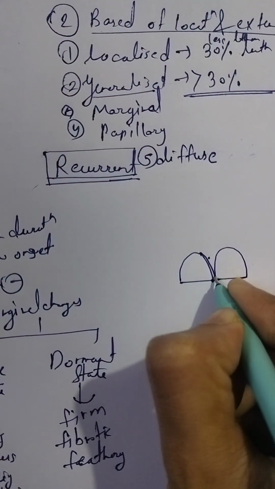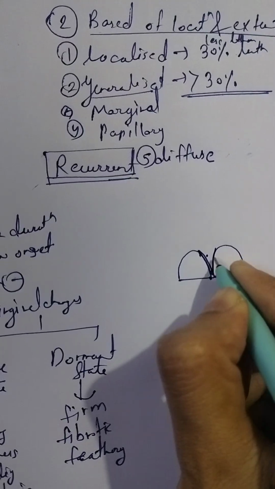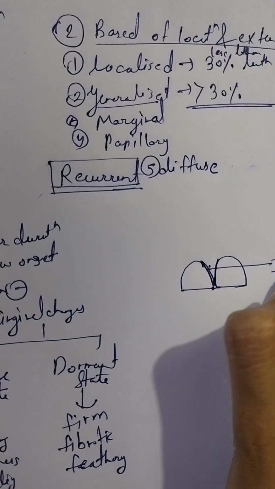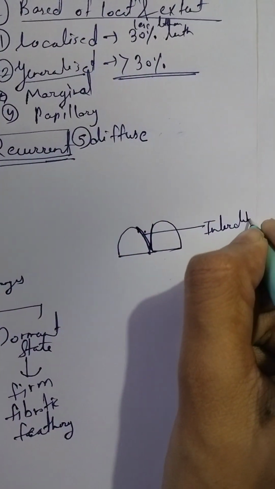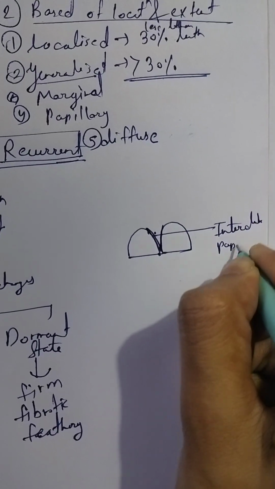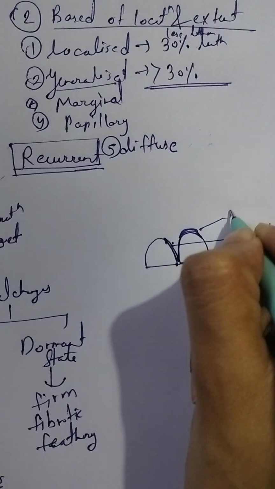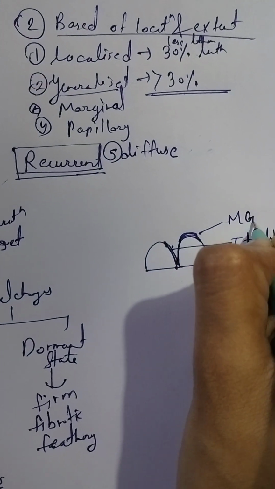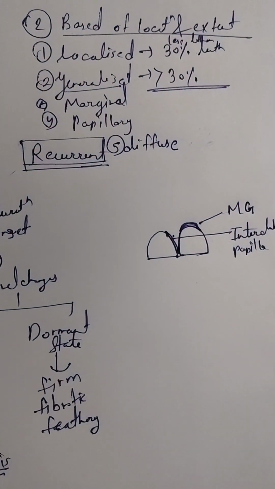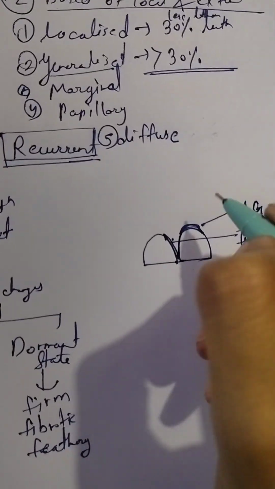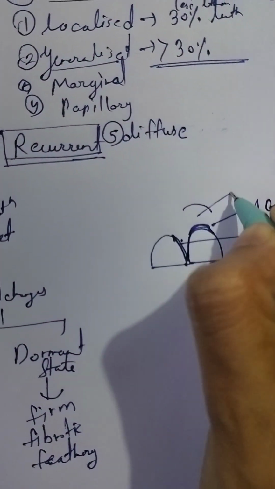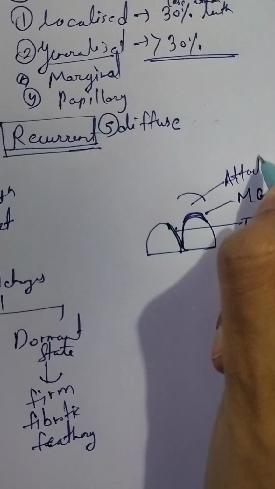The space here is the interdental papilla space. Here is the marginal gingiva. Above the marginal gingiva, there is attached gingiva.